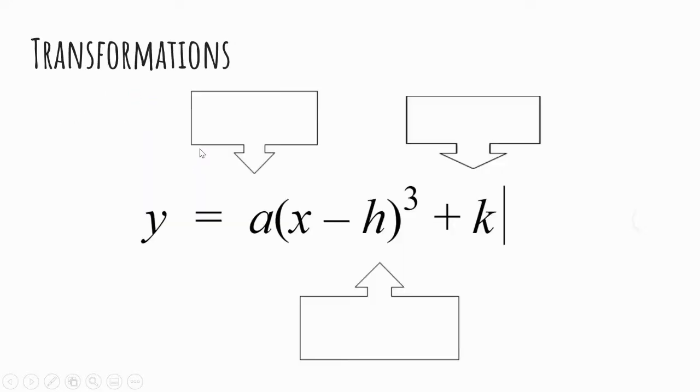Okay, so let's talk transformations. Our a value again. When it's negative, this means that we have a reflection across the x-axis. If a is bigger than 1, it's a vertical stretch.